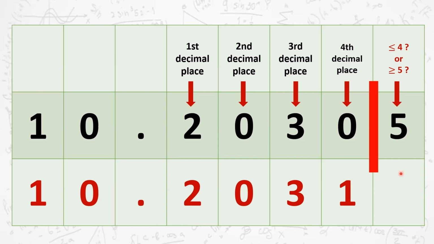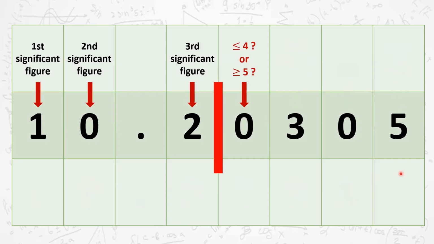Let's look at significant figures next. If the question asks me to write this number correct to 3 significant figures, I need to start counting from the first non-zero digit, which is my 1. Second significant figure is 0, and the third significant figure is 2.